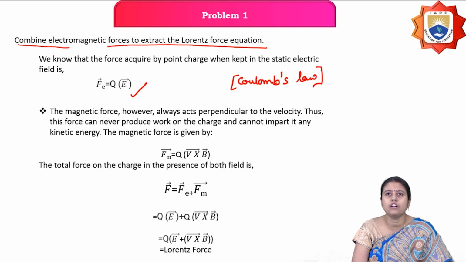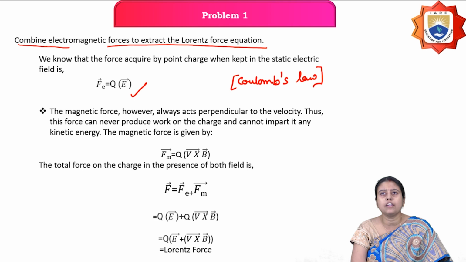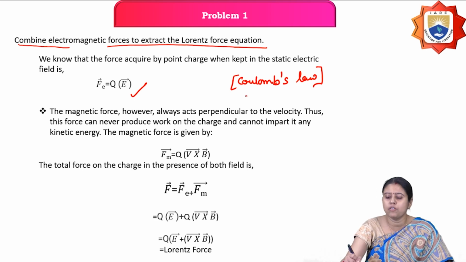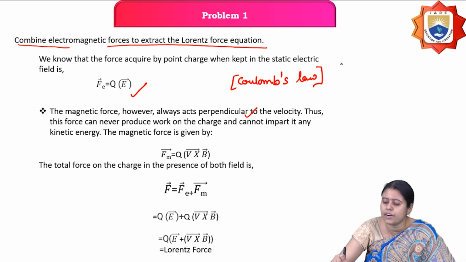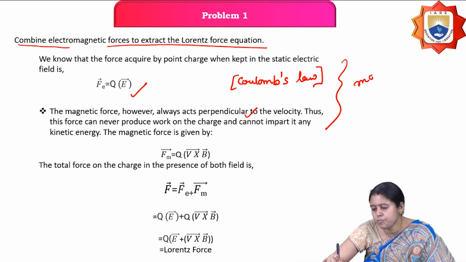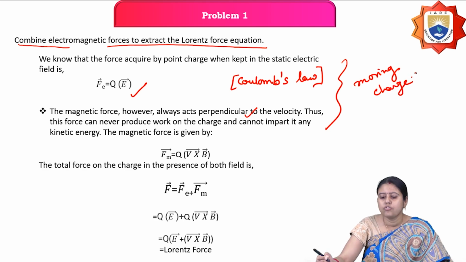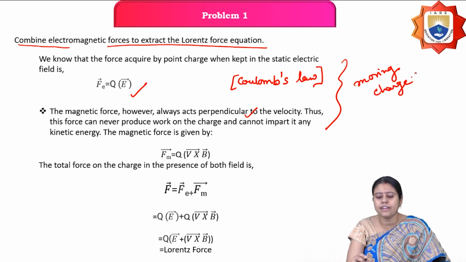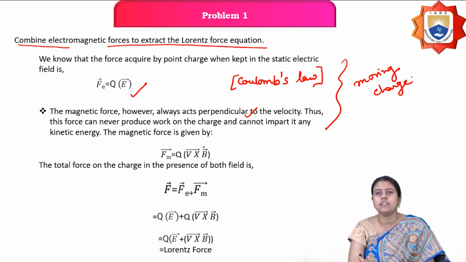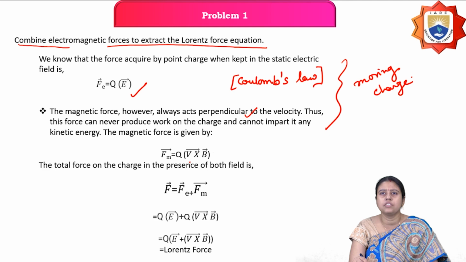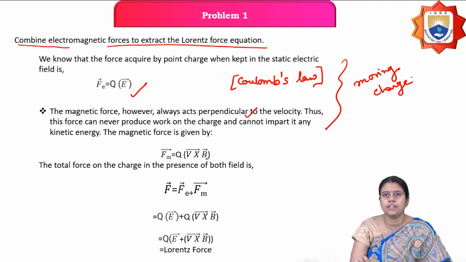As per our knowledge, the magnetic force always acts perpendicular to the velocity because it is only useful for the moving charge. So we can write Fm is equal to Q V cross B. V is the velocity, and B is the magnetic flux density.